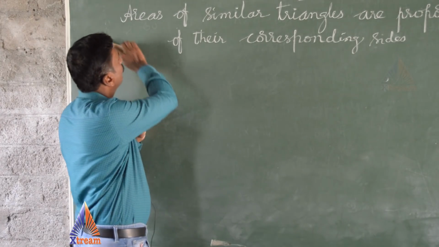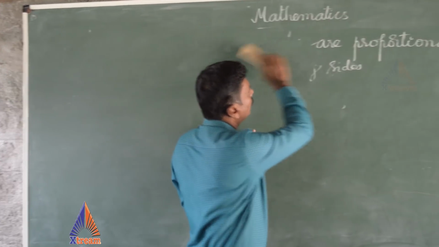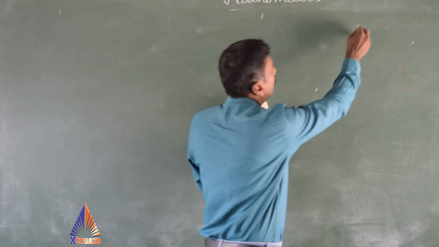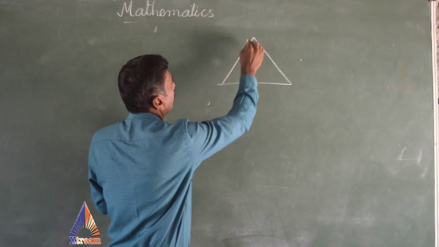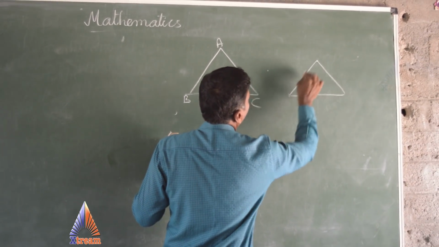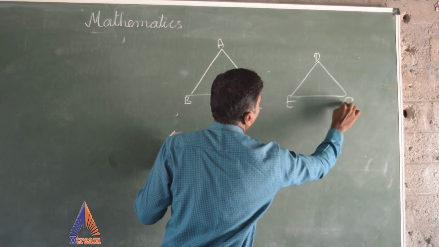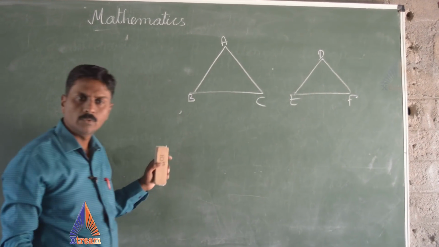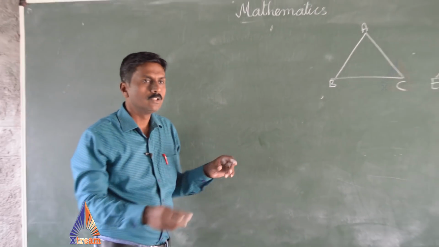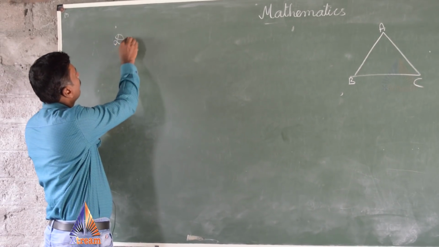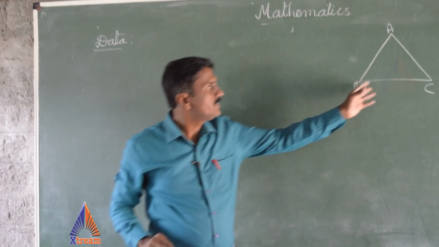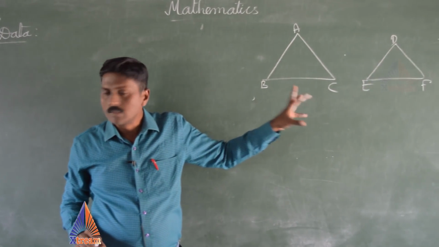Now let us consider two triangles, ABC and DEF. I told that these two triangles are similar triangles, so that you have to mention in the data. First step: ABC and DEF are similar triangles.